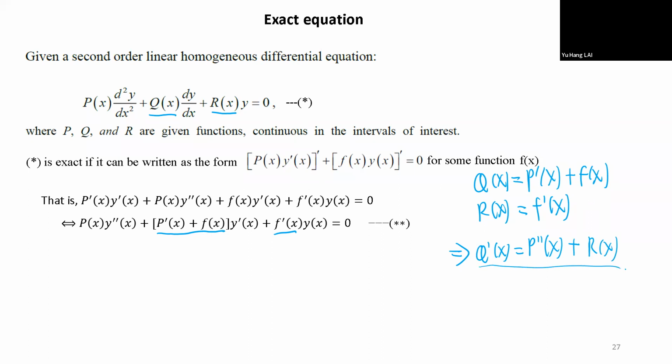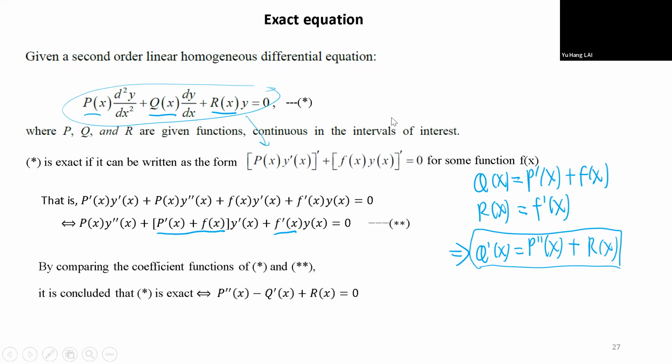So if you have an ODE with capital P, Q, and R as the coefficient functions, and these coefficient functions satisfy this relation, then that means this whole equation can be rewritten in this form here. This is the same as what I said here.